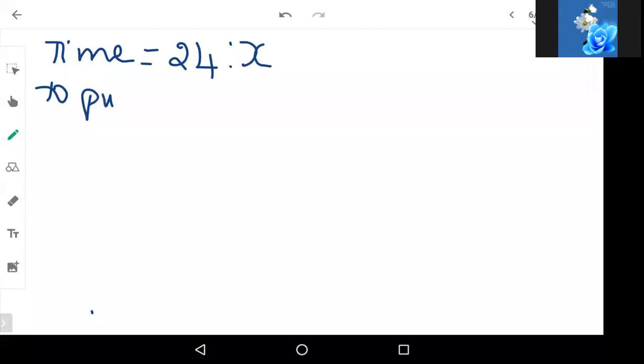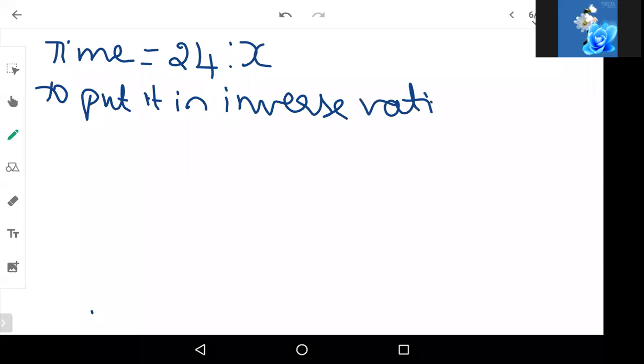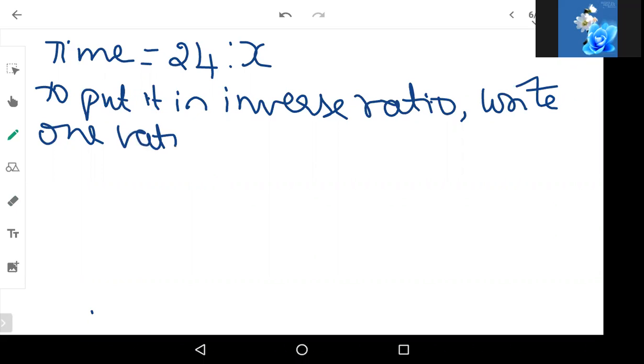To put it in inverse ratio, write one ratio in inverse form.